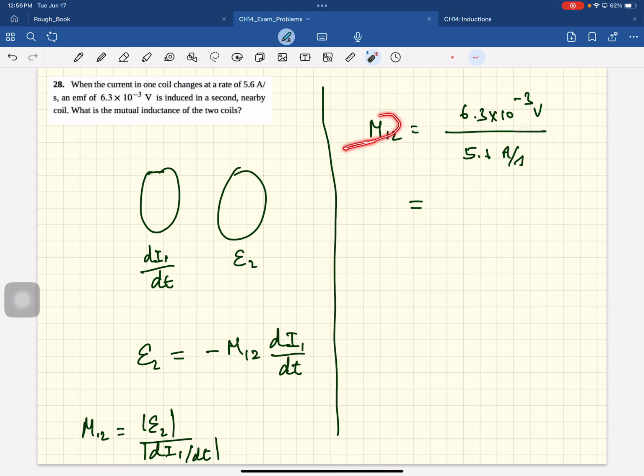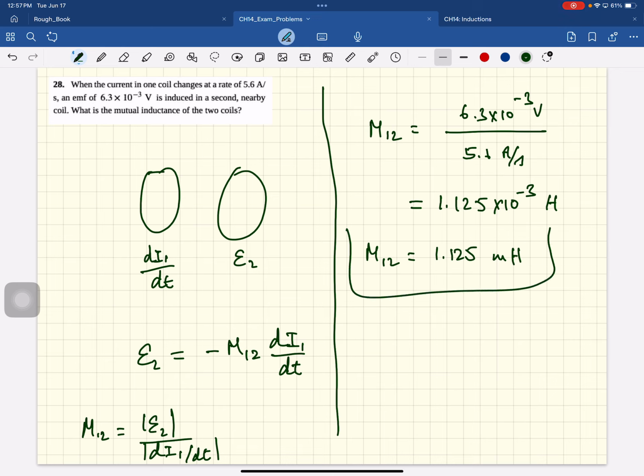So this is an inductance. That's Henrys. So this is in millihenries. So that's the mutual inductance between the two coils.